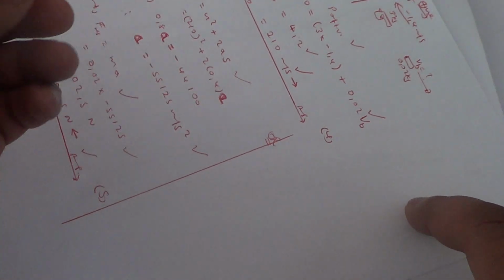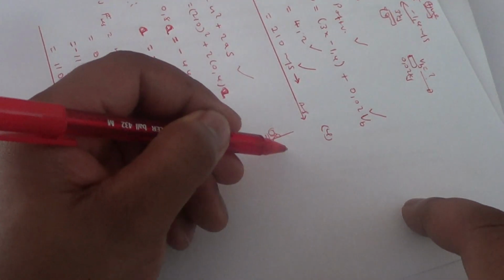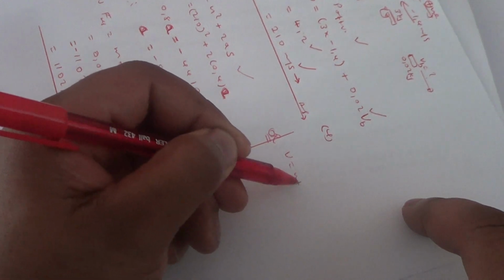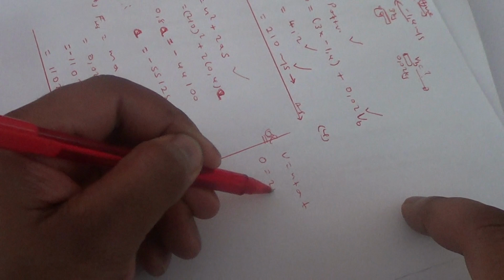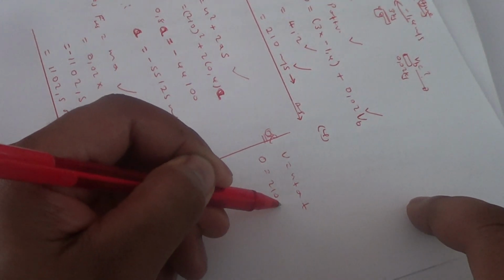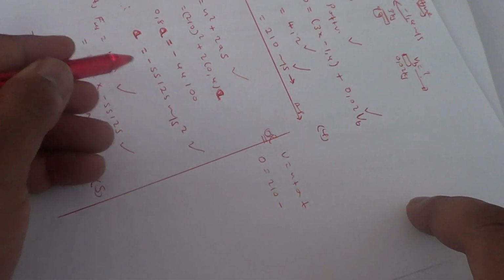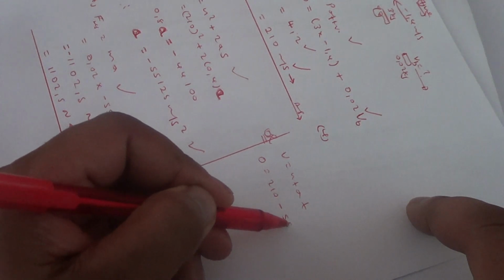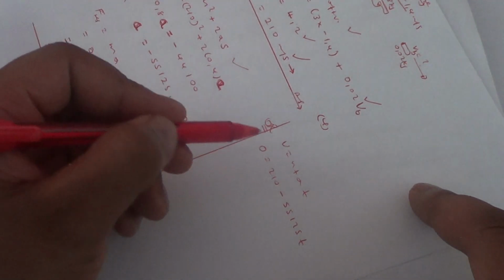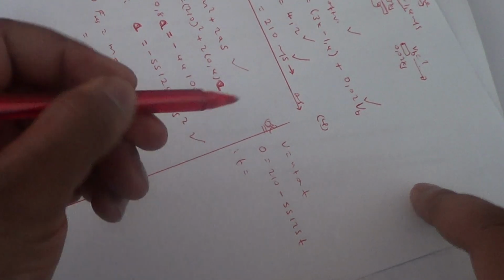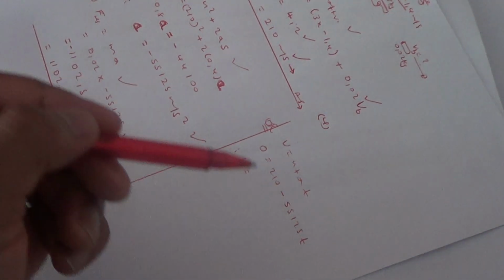So we are going to simply say, fine, if v equals u plus at, we want the time. V was 0, u was 210, minus the acceleration, which is 55,125 t. Okay, we want time. Therefore, t will be, we transpose this and divide by that.